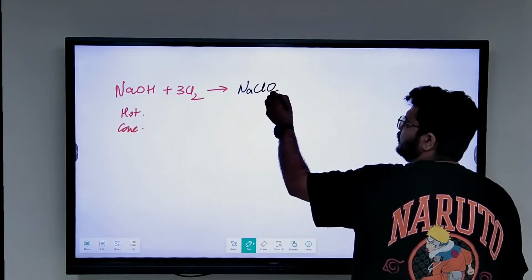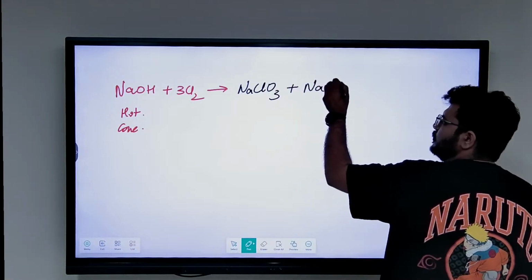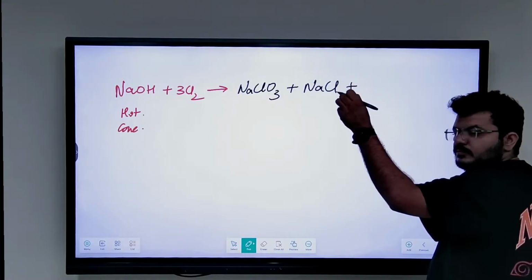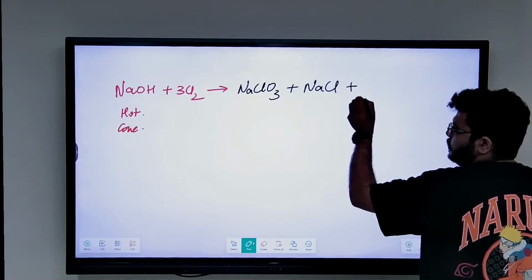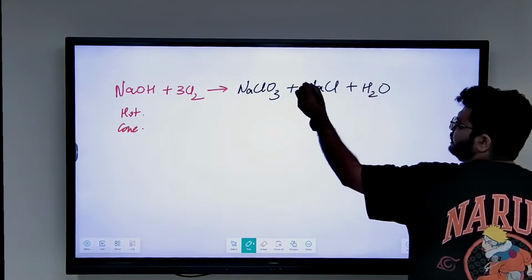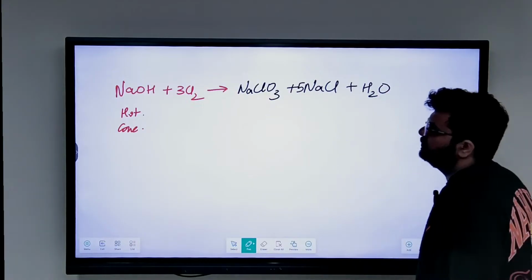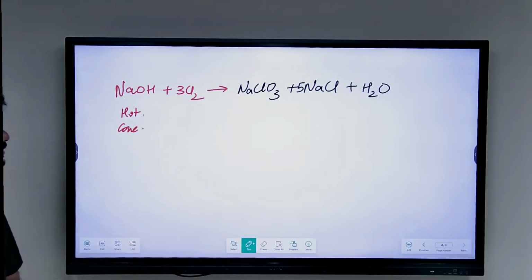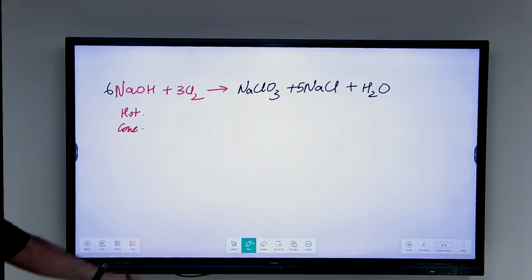NaCl, balancing क्या है? 3, 1, 6 and 3H2O.